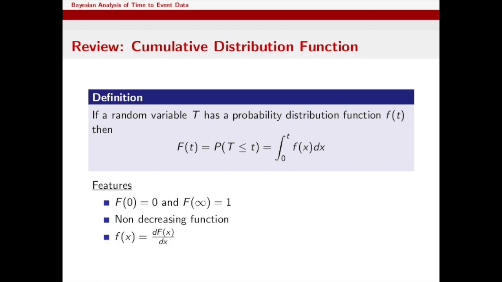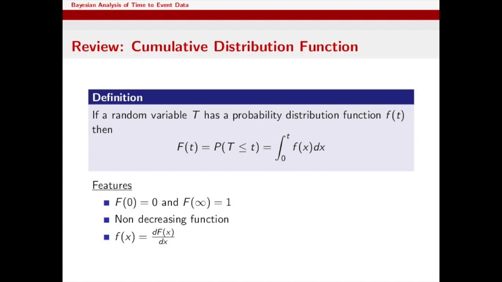Now, since this is an introductory video, I might as well review a few basic distribution functions while I'm here. So first, we have the cumulative distribution function, or the CDF. The CDF can be thought of as the probability that a random variable, say T, takes a value less than or equal to some value, say little t.